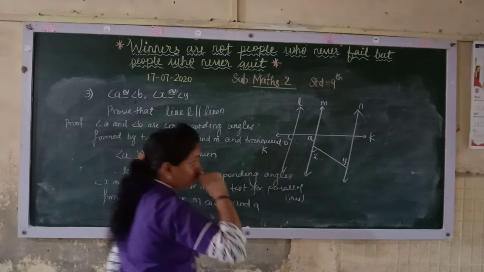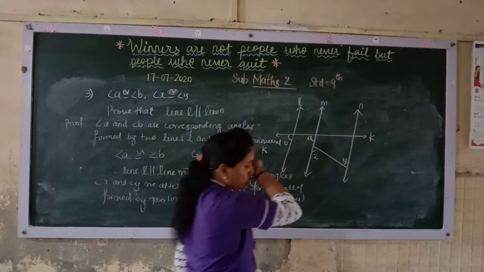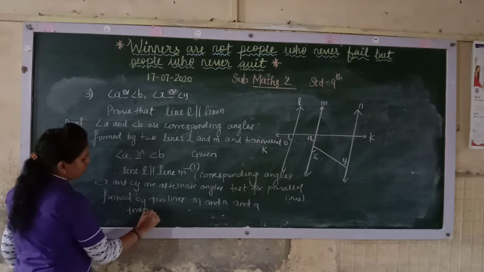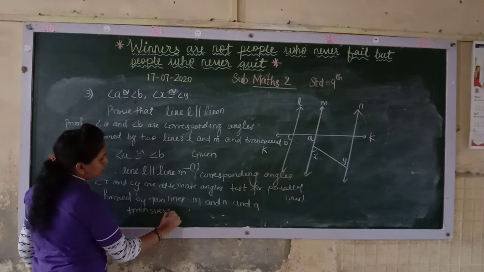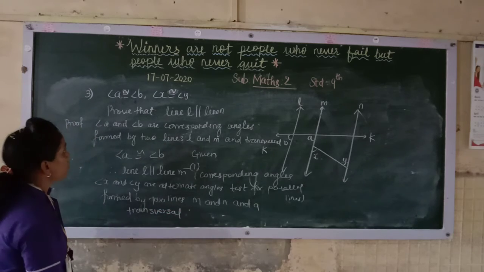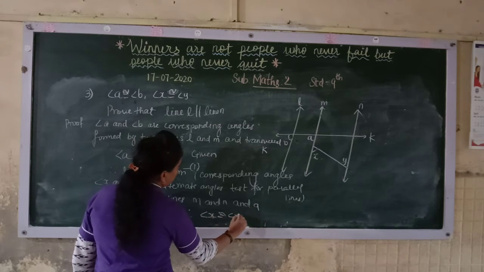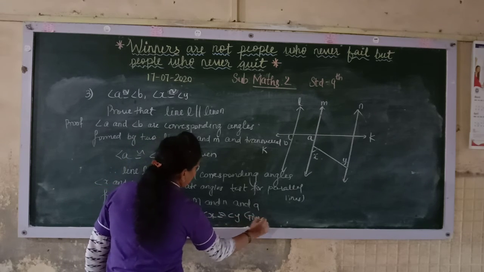That transversal is not K because here it is some different transversal, that name is not there. Therefore angle X is congruent to angle Y, this is given.